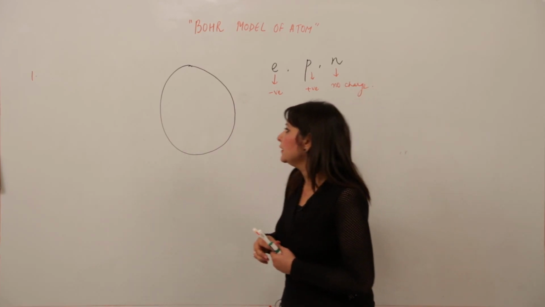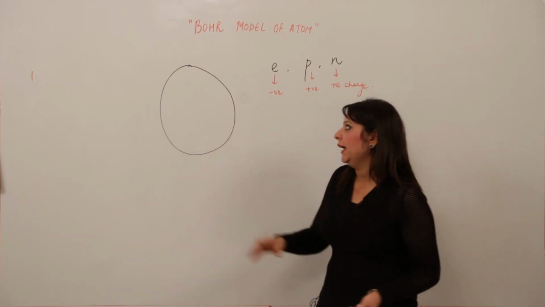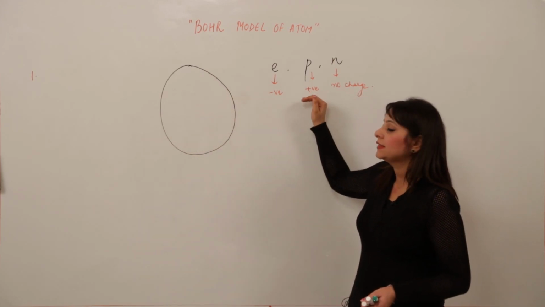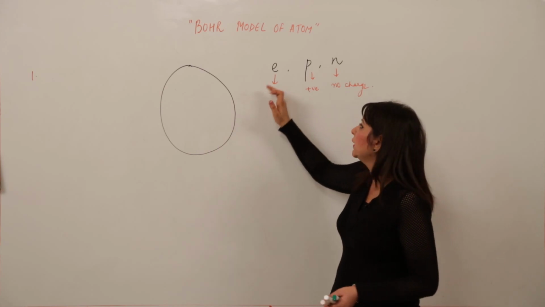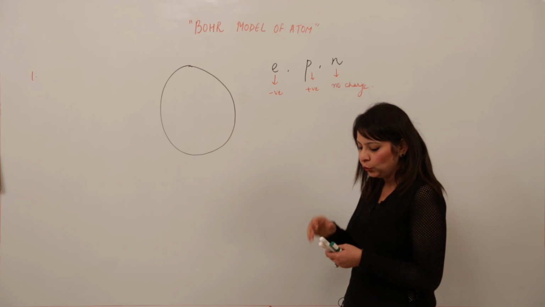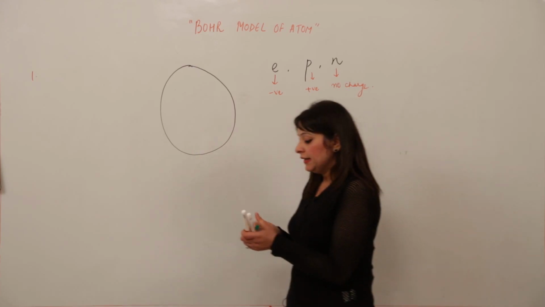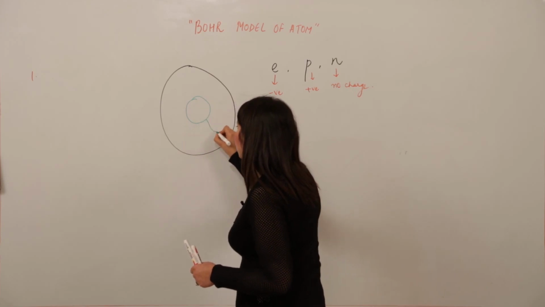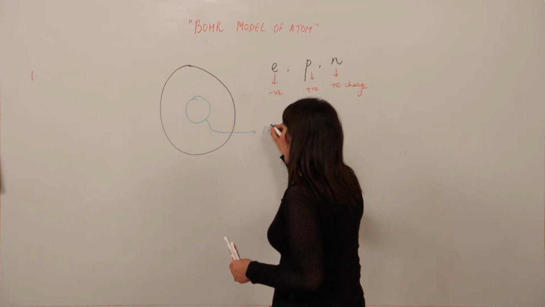Okay, then he said that, I'll repeat again, atom is somehow spherical in shape, formed of subatomic particles. The main three fundamental subatomic particles are electron, proton, neutron: negatively charged, positively charged and no charge. And then he said that in the center of the atom there is a small dense mass that is called the nucleus.